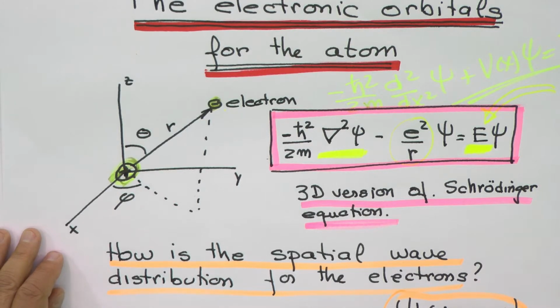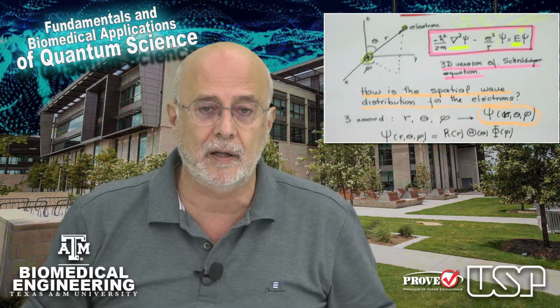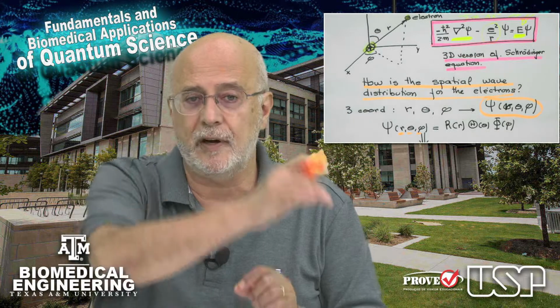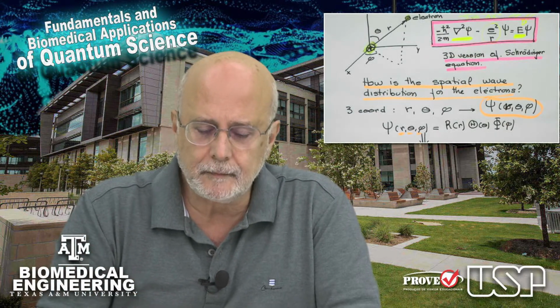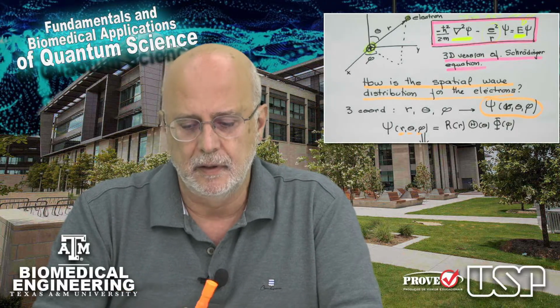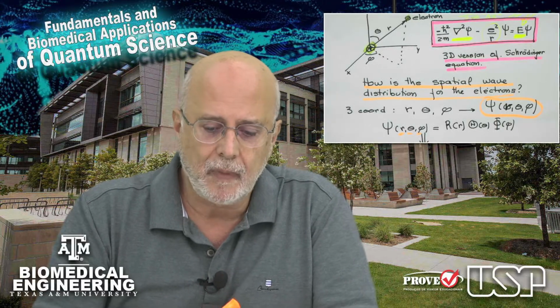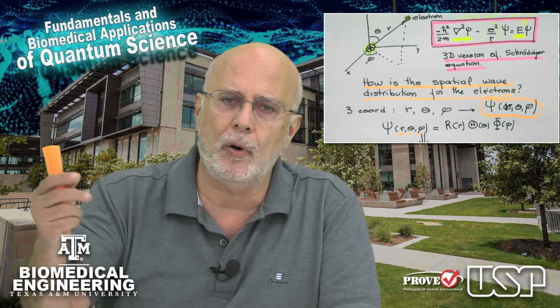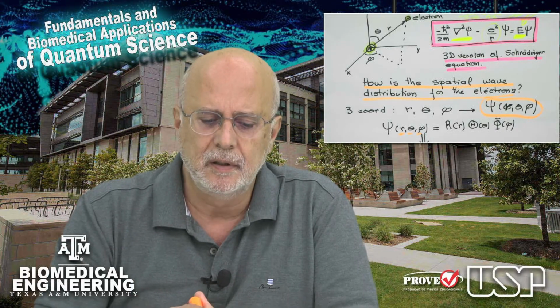And believe me, this is the best way of representing the atoms, using spherical coordinates, because the potential has spherical symmetry, right? It only depends on r, and then it's much simpler to express the solution in terms of those coordinates. And of course, we're going to have components of energy distributed in all those coordinates.